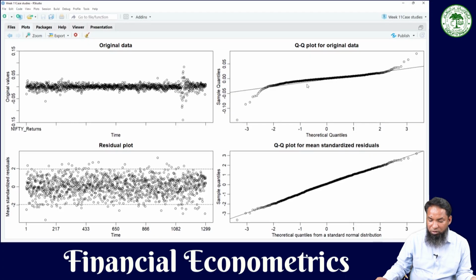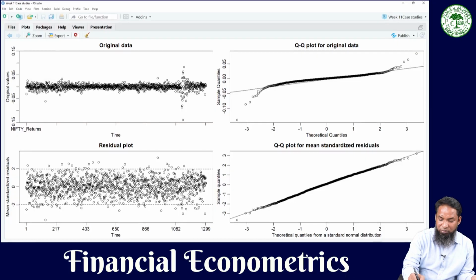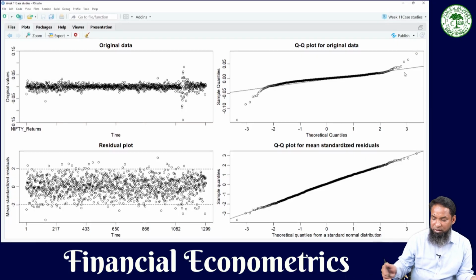Similarly, this is the QQ plot of the original data. The divergence from this line basically shows there is a problem of non-normality or autocorrelation. Here we can see that except for a few points, it is everywhere perfectly fit on this line.